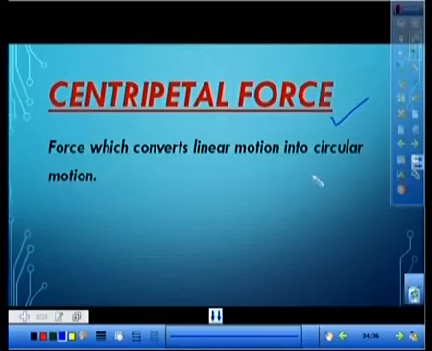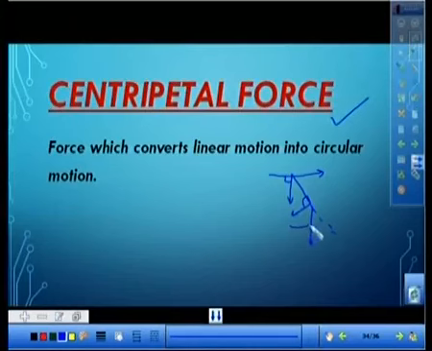I will take an example. Suppose an object is moving along this straight line. If I apply a force at this point in inward direction, naturally the object will move along this direction, right? When it is moving along this direction, if I again apply a force perpendicular to the motion of the object, then it will not go along this side, it will go along this side.